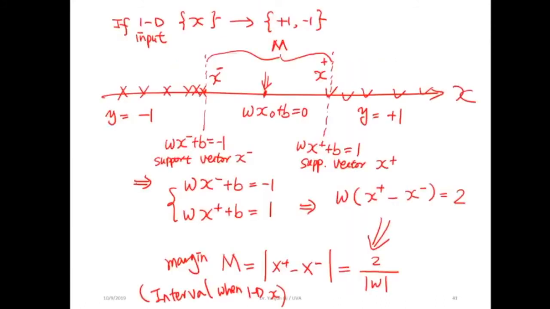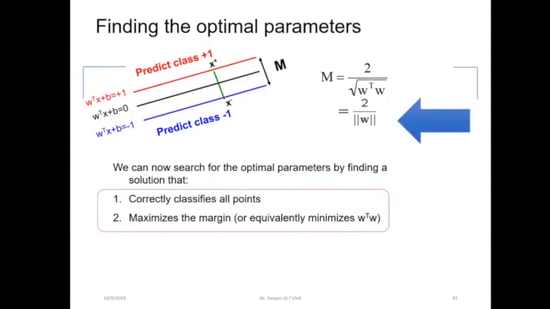All right, so yeah, that's the same derivation, but I still want to do it step by step because you seem to get better if I do the derivation on the board. Okay, so now there are two goals at the same time. I want to classify all the training data correctly. That's my classification goal, right? The second goal is I want to find a region that maximizes the margin.